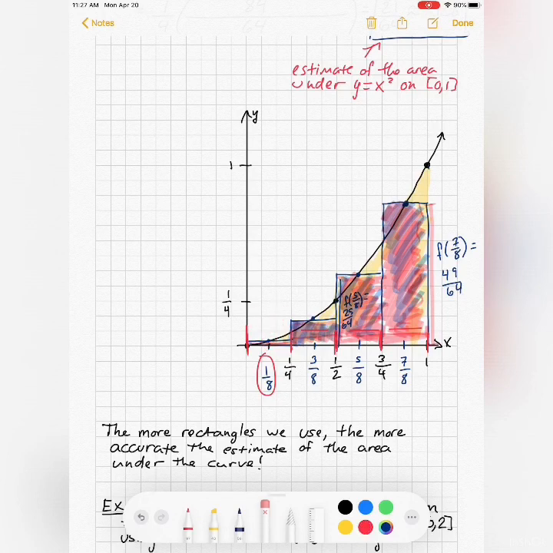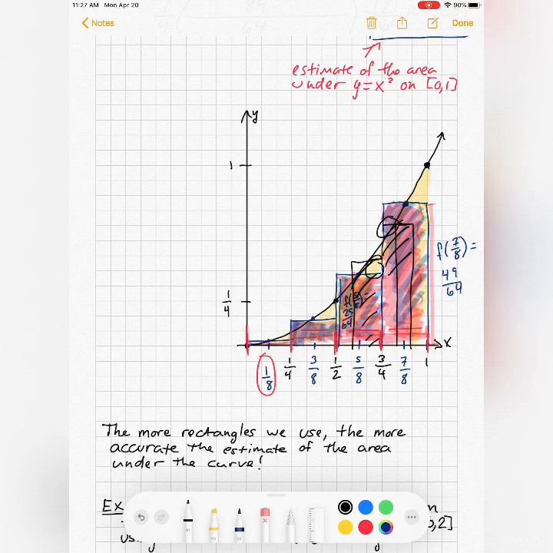In other words, if my rectangles were even smaller, and we'll do some more examples, if I did tiny rectangles, something like that even, the smaller the rectangles that I choose, the more accurate estimate I would get, because I would be overestimating and underestimating less.